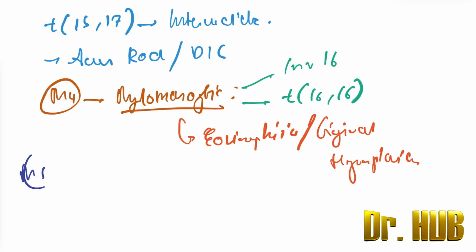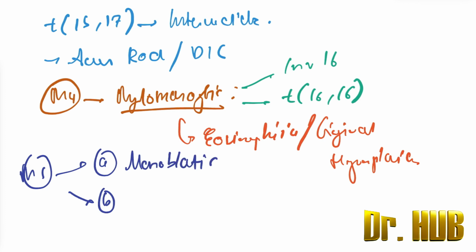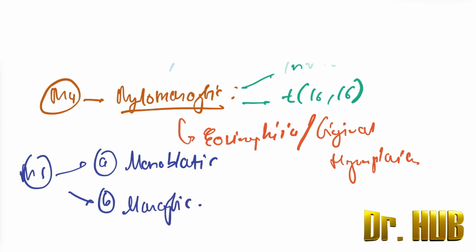Then we move on to M5. M5 contains M5A and M5B. M5A means it is monoblastic, and M5B means it is monocytic. The important things here are that in M5A and B, there is organ infiltration, gingival hyperplasia, increased WBC count, and fever.